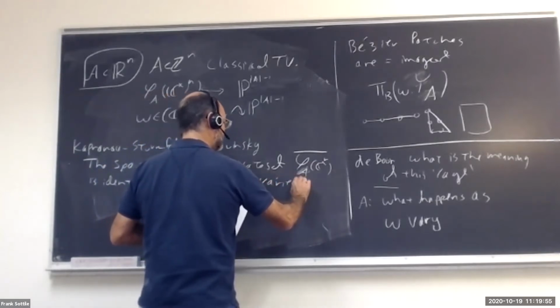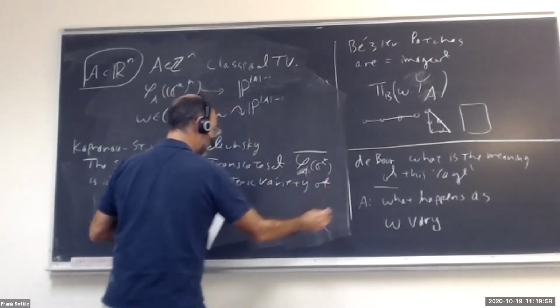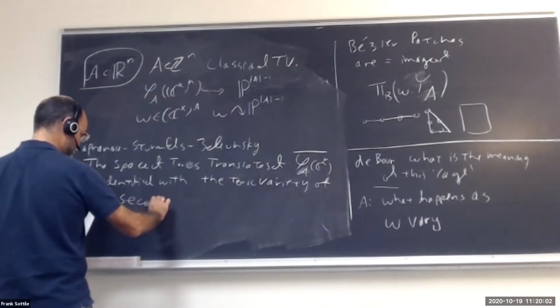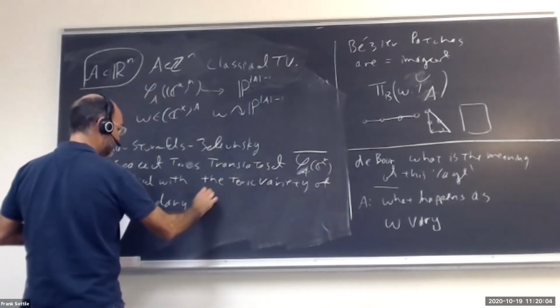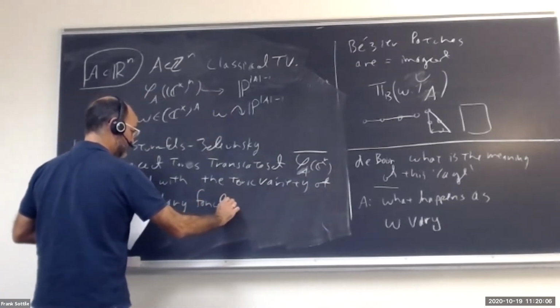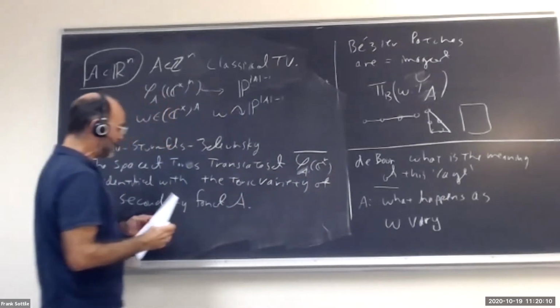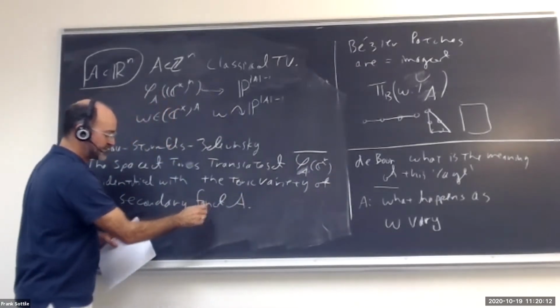And this toric variety, it's a toric variety of what's called the secondary fan of this point configuration A. So this is a particular fan.